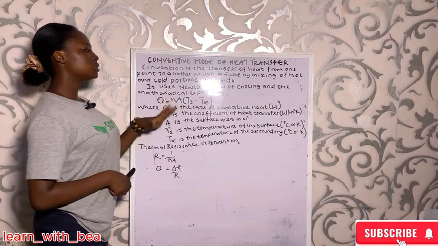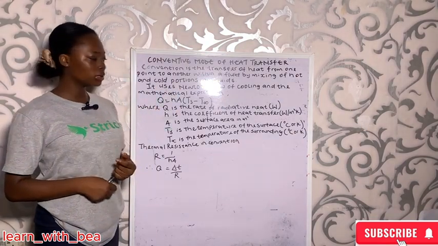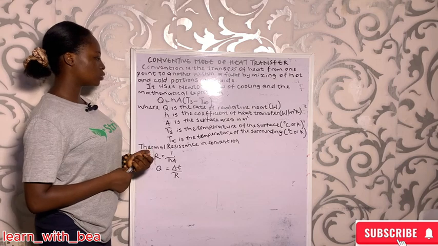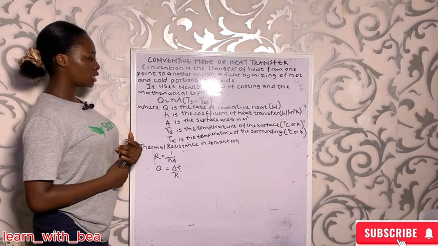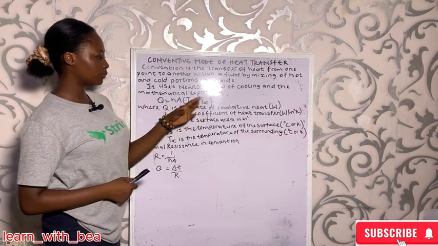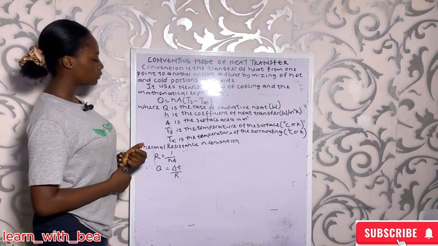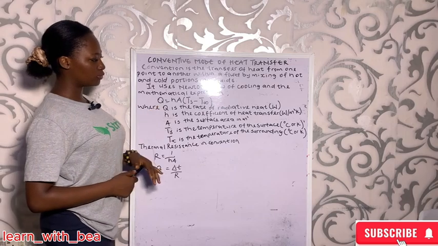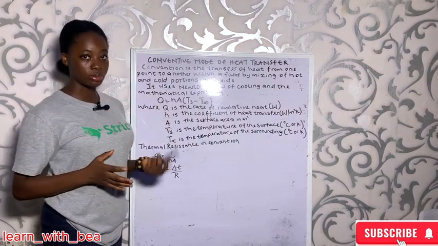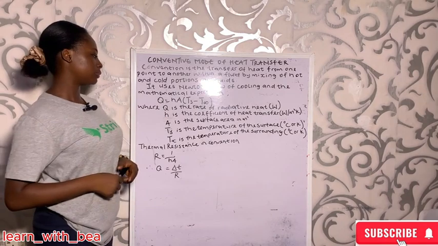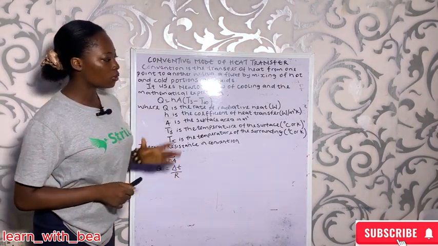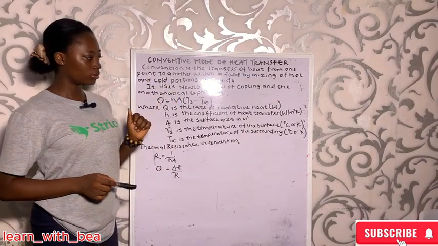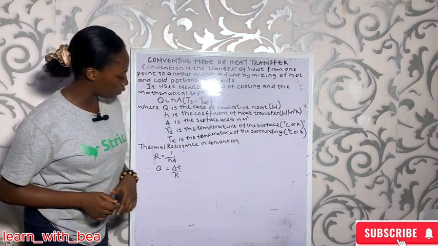It uses Newton's law of cooling, and the mathematical expression is: Q equals hA(Ts minus T infinity). Our Q is the rate of heat transfer, which is in watts. Our h is the coefficient of heat transfer, which is in watts per meter square Kelvin.